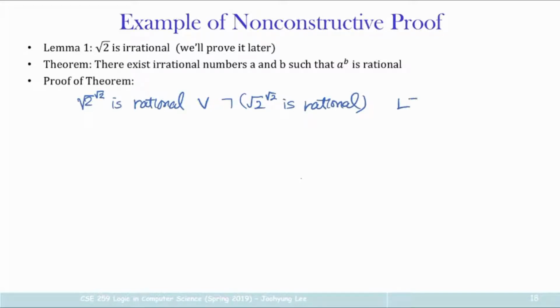Okay? This is the law of excluded middle, right? Whatever the sentence is, the sentence 'square root of 2 is rational' is like an atom P. It can be true or false. It's a declarative sentence, right? We can say either P or not P is true. Are we together? P or not P is true, right?